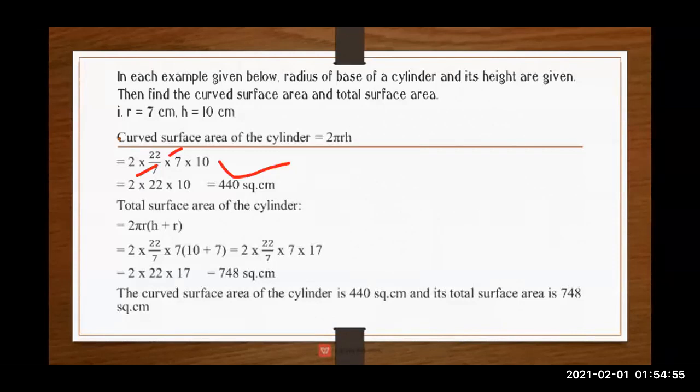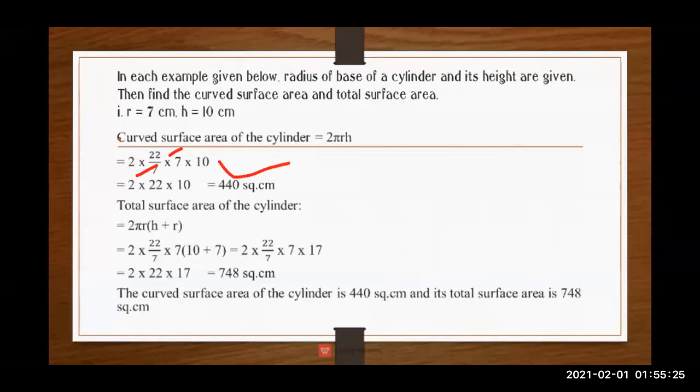Now as we got the curved surface area, we have to use the formula of total surface area. Now total surface area is 2 pi r bracket r plus h. Same here, 2 as it is, multiply by 22 upon 7 into r, r is 7, bracket h plus r, that is 10 plus 7.